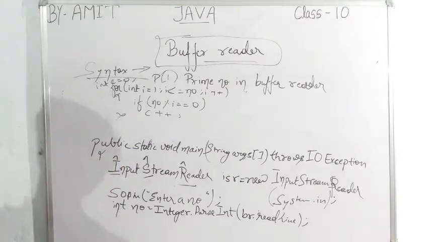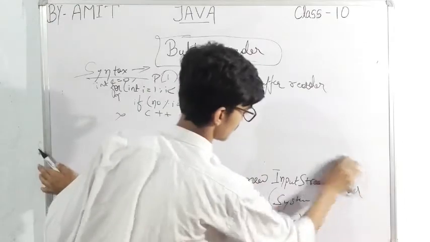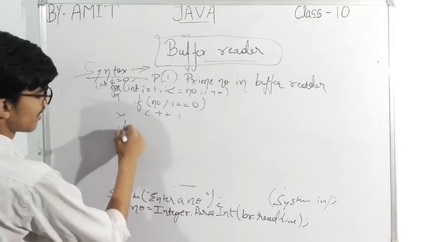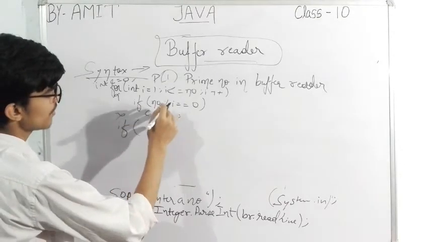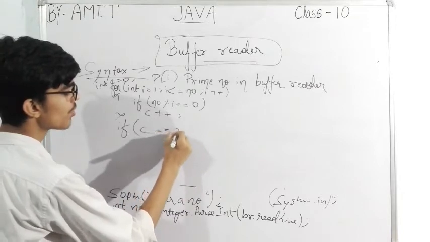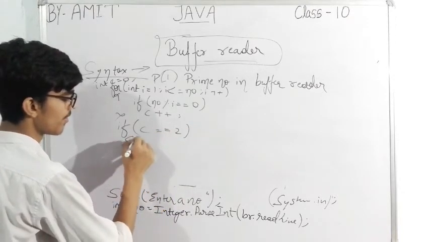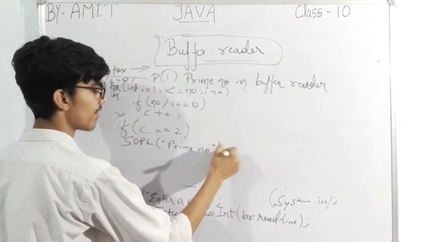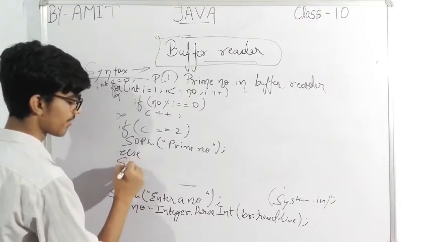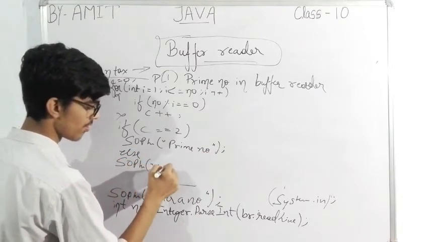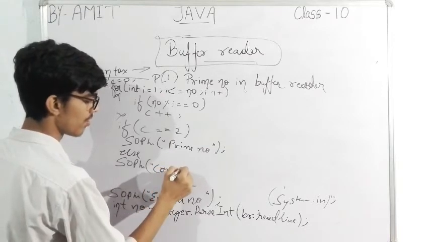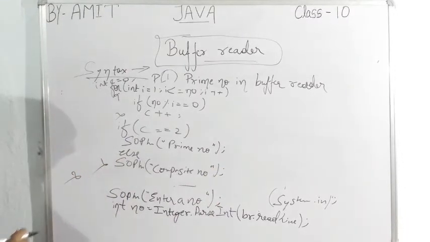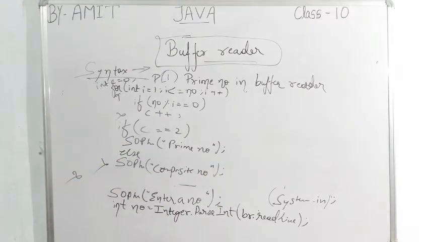After this we'll check: if c is equal to 2, then print prime number, else composite number, and we'll close this. So this was the program. Copy it down.